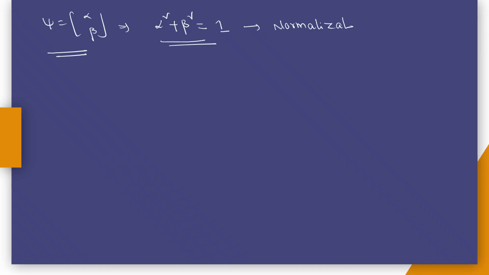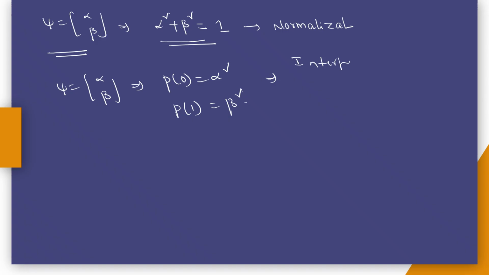Regarding measurement and probabilities, if psi is equivalent to alpha, beta, the probability of state 0 is related to alpha square, and the probability of state 1 is related to beta square. After the measurement of all the probabilities, the qubit collapses to the observed state. As mentioned in terms of interference, the favorable probabilities are summing up and the unfavorable probabilities are destroying.